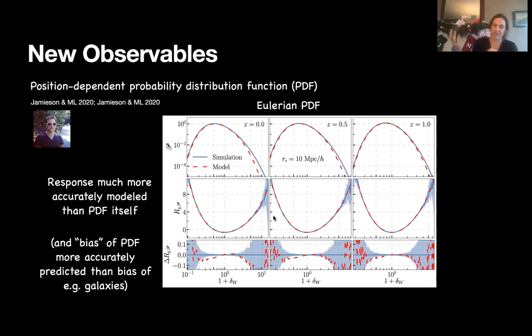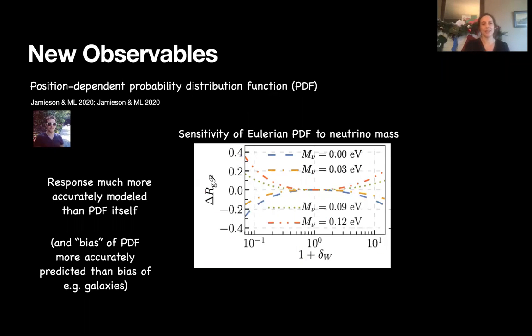And it's interesting then that the bias of this PDF, you can actually predict it quite accurately from this model. So it's more accurately predicted, for instance, than the bias of galaxies. Though this is all matter, this particular plot doesn't include halos or galaxies or anything yet. But the fact that this is predicted pretty well means that you can do things like see how the response depends on different cosmological parameters, for instance, neutrino mass.